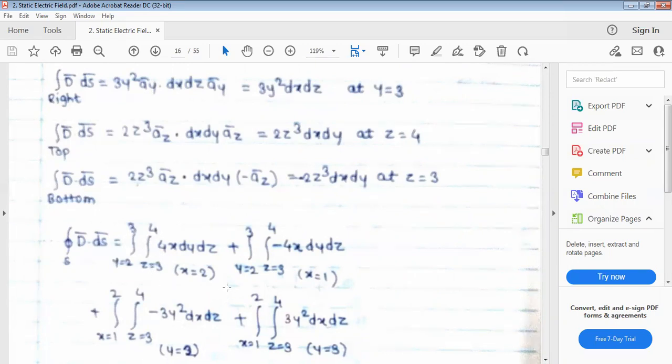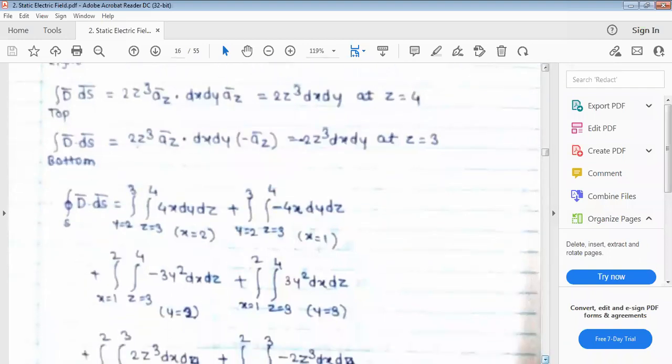So the integration is taken. Similarly, for the back side, x is equal to 1. So it is minus 4x dy dz, and again y is varying from 2 to 3, z is varying from 3 to 4. Similarly, you can take it for the left side.